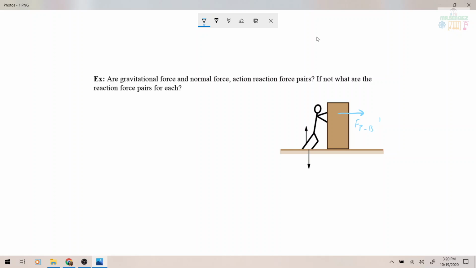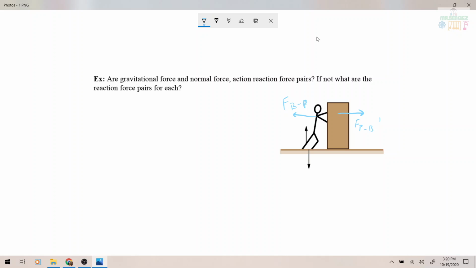Then the person is going to have F block on person. So in action-reaction pairs, we always have two objects in contact by means of forces, and they create the same force on each other in the opposite direction.